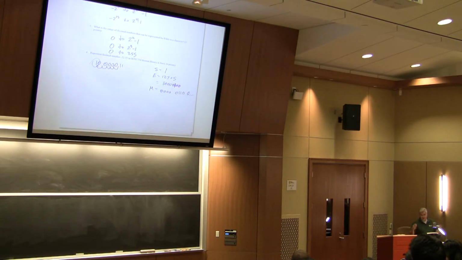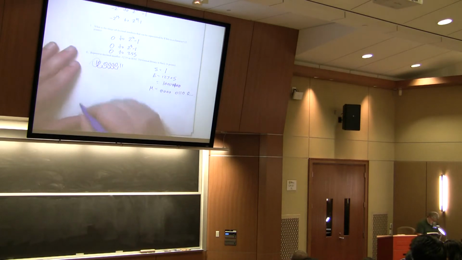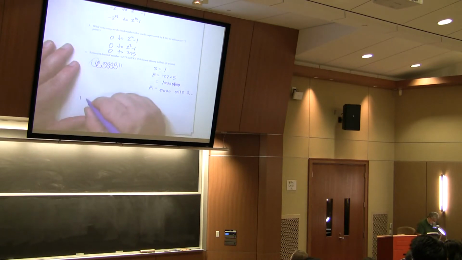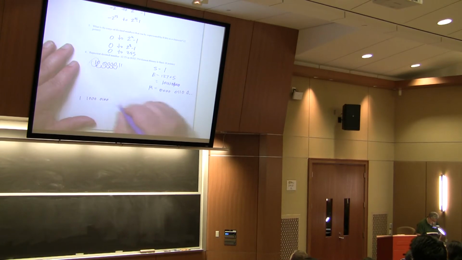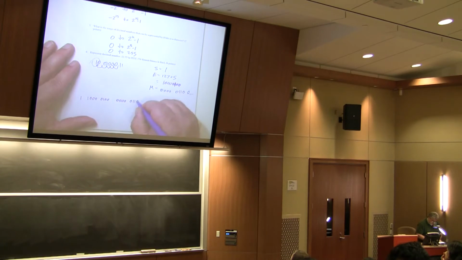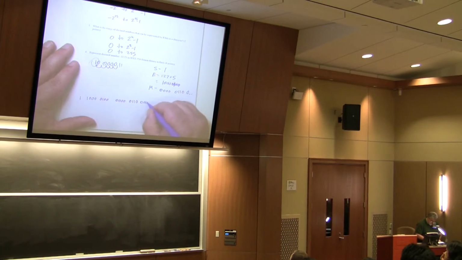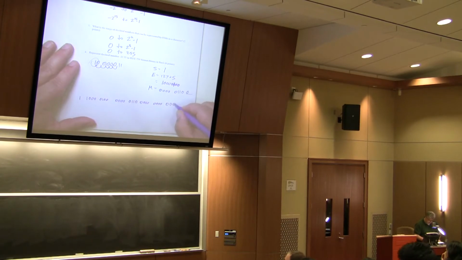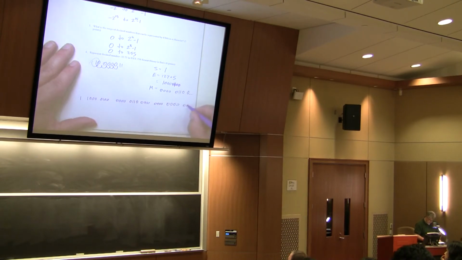How many zeros? 23. So our final answer that I was looking for is 1, 1, 0, 0, 0, 0, 1, 0, 0, 0, 0, 0, 0, 0, 1, 1, 0, 0, 0, 0, 0, 0, 0, 0, 0, 0, 0.